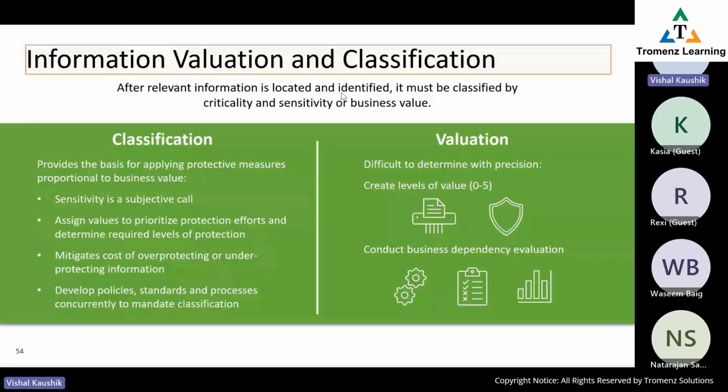The classification level will subsequently provide the basis for protection efforts and access controls. Most enterprises will use 3 or 4 sensitivity and criticality classifications.